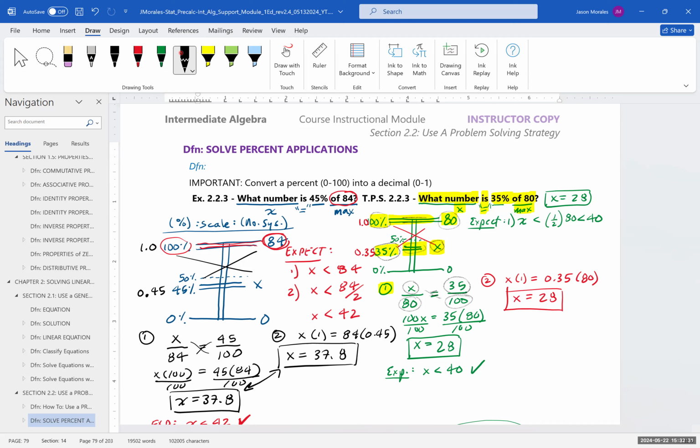All right, and then we can just cross multiply. So that's where we get 100x is equal to 35 times 80. Divide both sides by 100, and we get x equals 28.